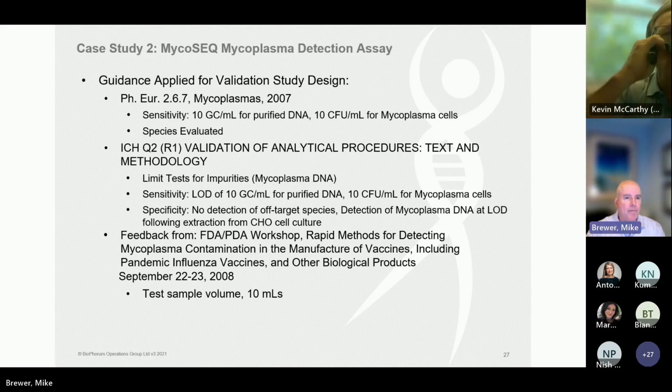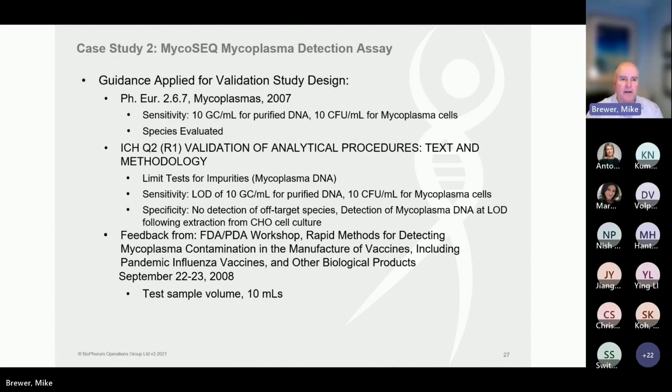Then we also applied ICH Q2(R1) guidance on validation of analytical procedures, texts, and methodology. Specifically, it's a limit test for impurities, the impurity being Mycoplasma DNA, whether it was recovered from pure DNA spikes or live Mycoplasma spiked into the sample.